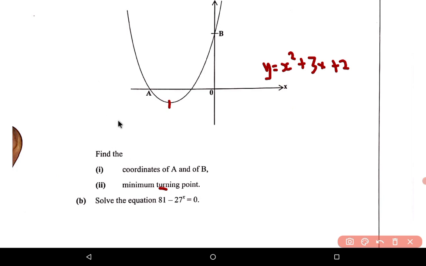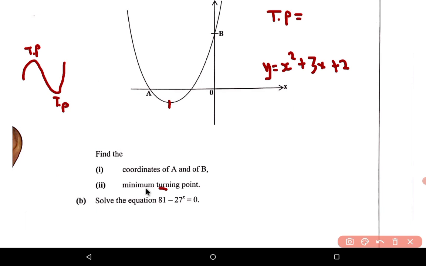But before we go into the turning point, let me explain. What we call the turning point, I'll call it TP. When you have a curve like this, it has two turning points. There's a turning point here, and there's another turning point here.